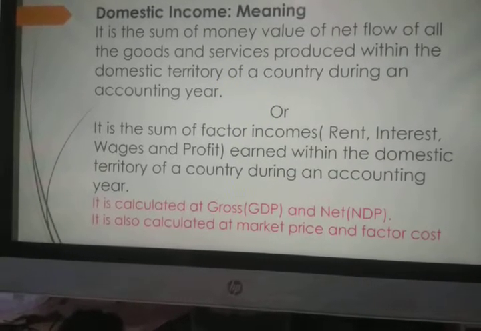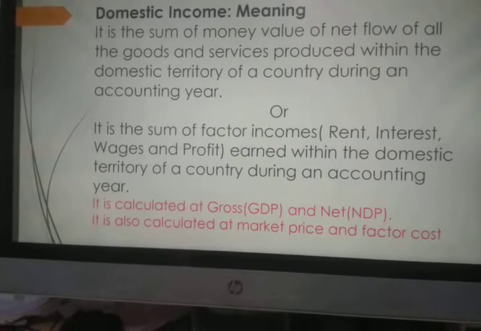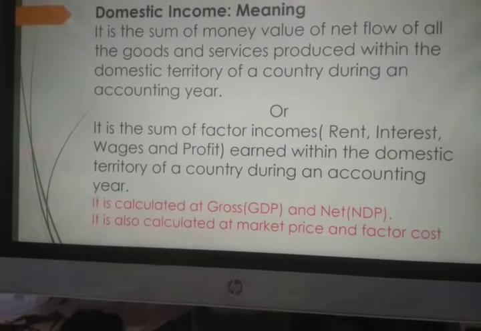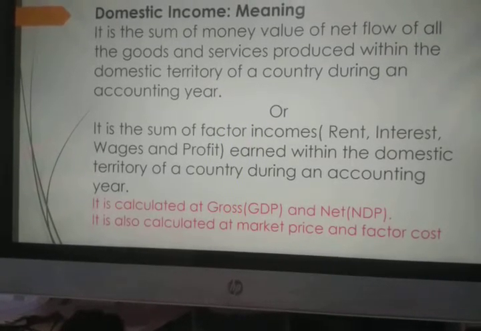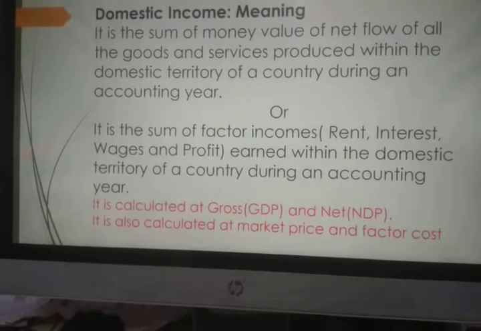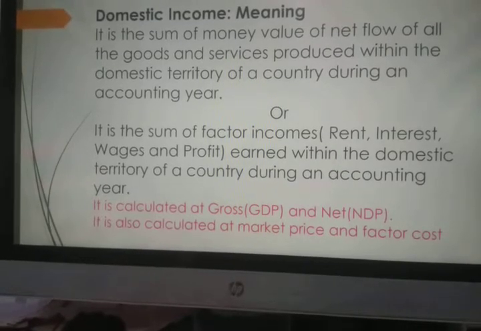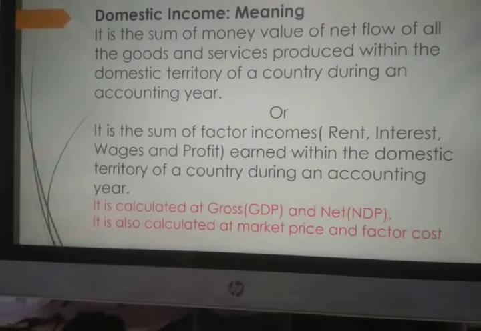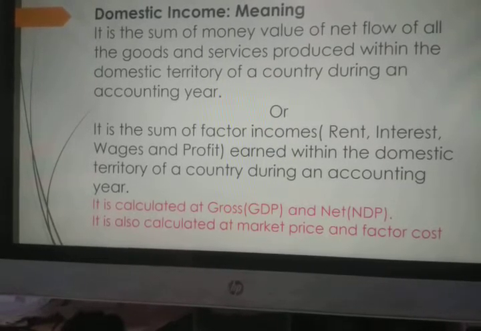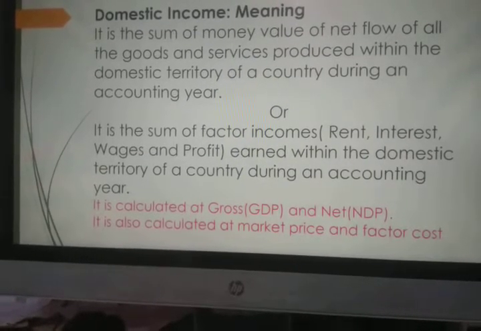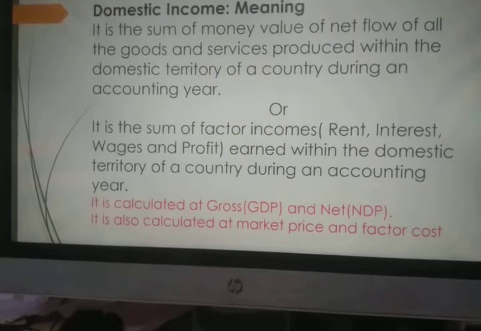So inside the domestic territory, it may be earned by a normal resident or by a non-Indian resident. If we are talking about India, people from other countries who come here and contribute to the production are also taken into consideration in domestic income, whereas in national income we don't consider that.